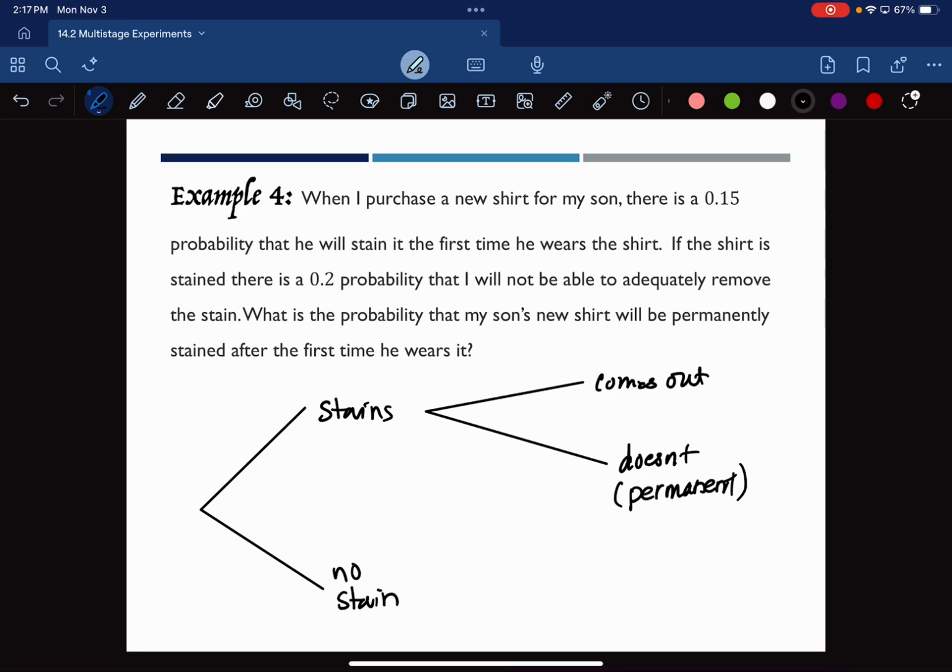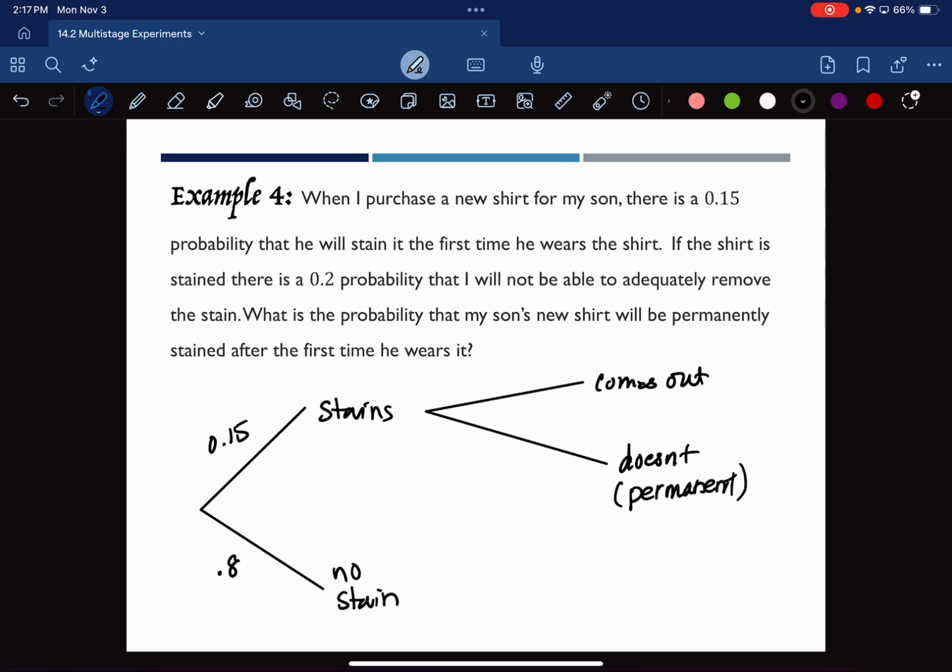The other thing that's unique about this one compared to the other things we've done is they have unequal probabilities. Okay, we had that happen with our people going to Hawaii a little bit too, but when we did it with that one, we did it with fractions. This one's got decimals, so it feels a little bit different. So it says the first time he wears the shirt, there's a 0.15 probability that he stains it. So we're completing the tree diagram. That means I need a number on that bottom branch. What would it be?